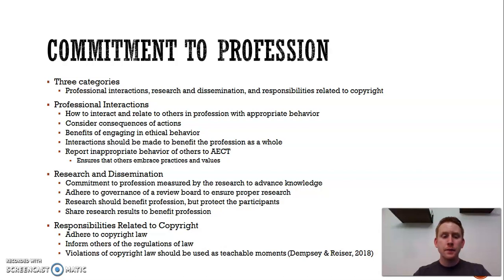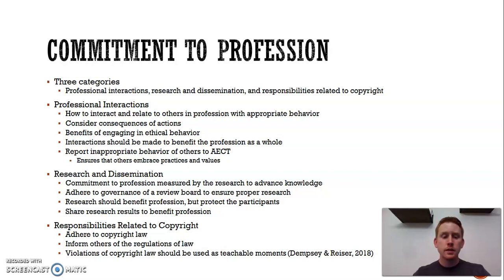It details the benefits of engaging in ethical behavior. Interactions should be made to benefit the profession as a whole, and any inappropriate behavior of others must be reported to the AECT to ensure that others embrace the practices and values of the Code of Ethics.